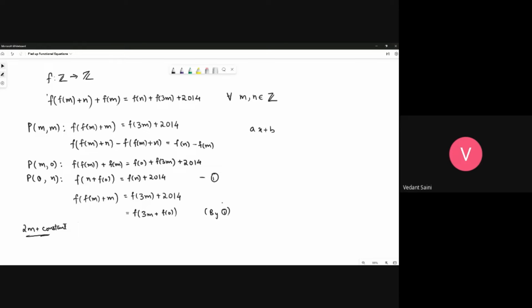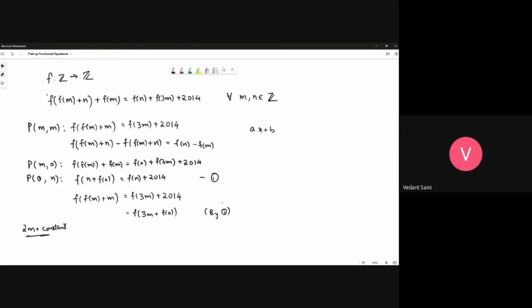We don't know whether all the solutions are linear or not. Yeah, so if f is injective, f of n equals 2n plus f of 0. Yeah, exactly. So if we prove injectivity, we can directly get the value of f.